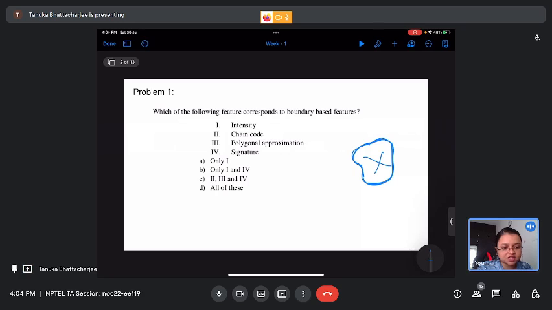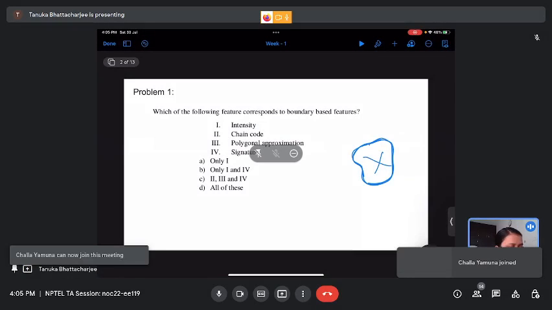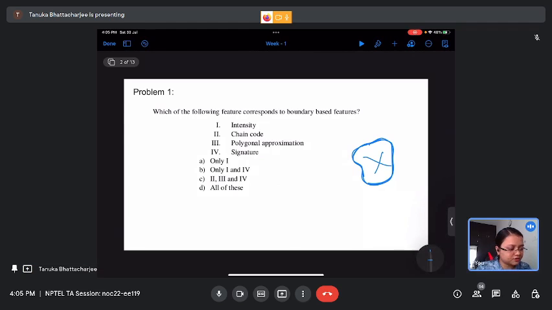And the last is signature. That is also a boundary based feature, because there we find the distance of each point on the boundary from the centroid and plot a graph for that. So for this problem, all three options, chain code, polygonal approximation and signature, belong to the boundary based features, whereas intensity is a region based feature.